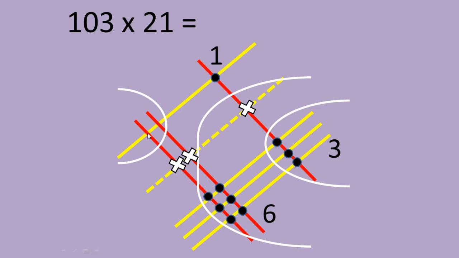Then in the fourth part, we have 1 and 2. We have 2 intersecting lines. Reading the number from left to right, we have 2, 1, 6, and 3. Therefore, the answer is 2,163. There you have it, guys.